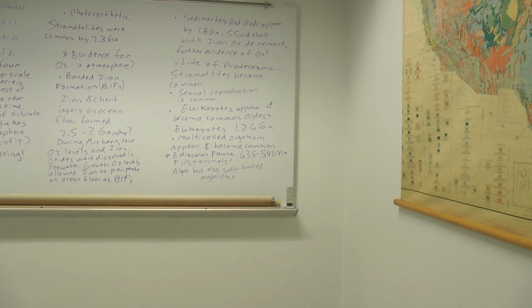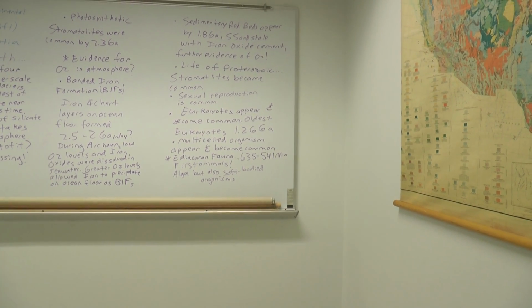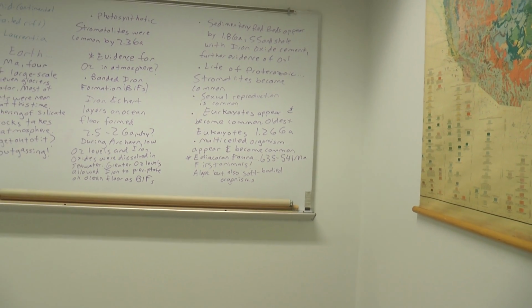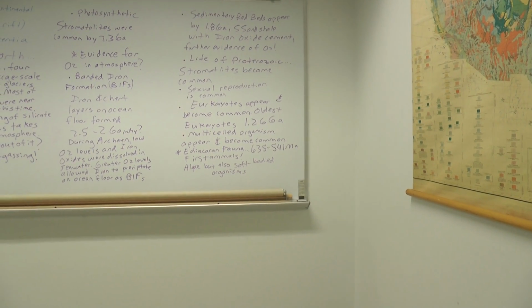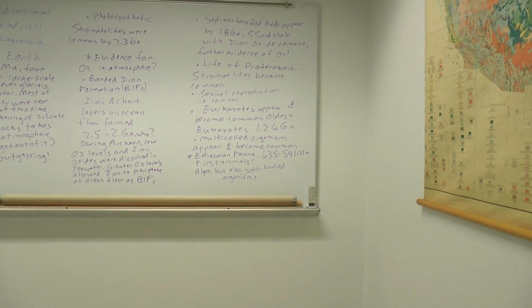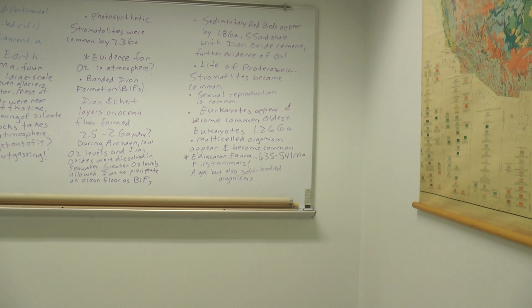So the Ediacaran fauna, that last snippet of notes here on this board, is a very important fossil find. First discovered in the Ediacara Hills in, I believe, Australia. And this was such an excellent fossil find.